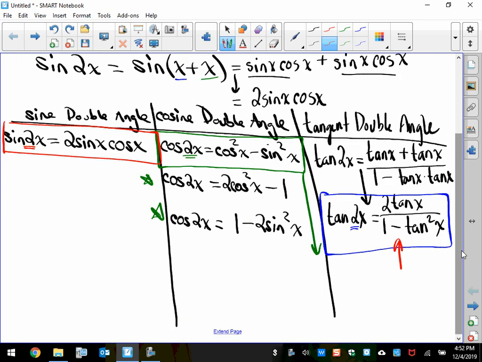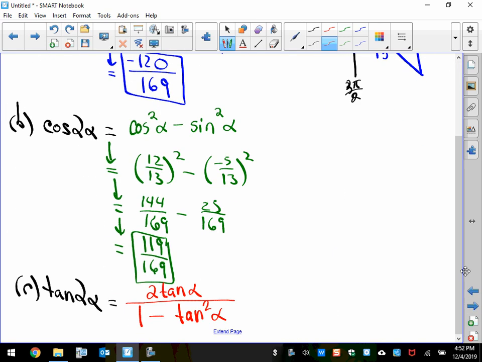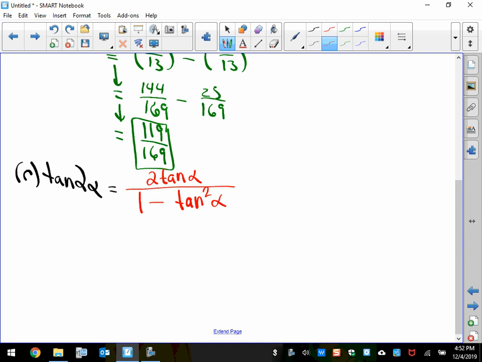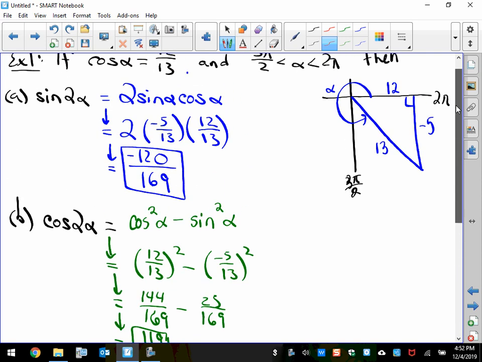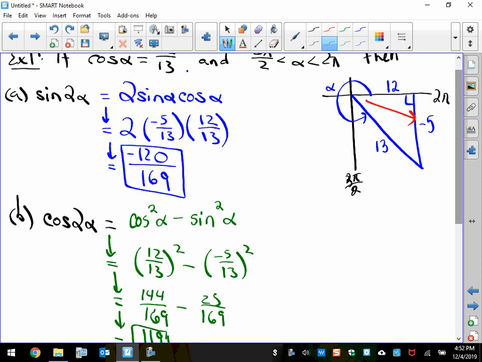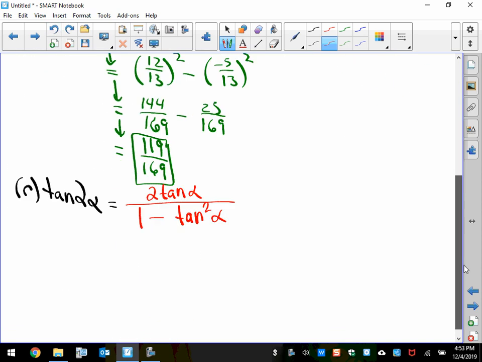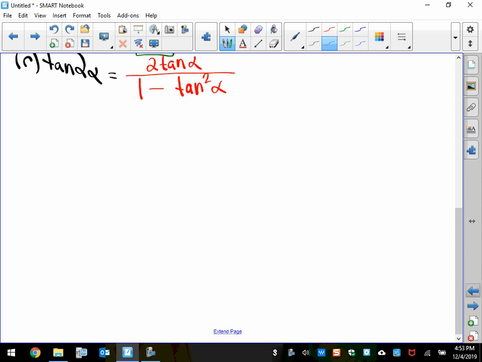Yep, it's a minus here. So what is tangent alpha? We have to look at our triangle, opposite over adjacent. So that's negative 5 over 12 there. So negative 5 over 12 is what we want to replace tangent with. So we'll say 2 times negative 5 over 12 over 1 minus negative 5 over 12 squared.